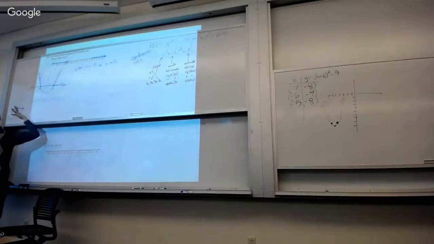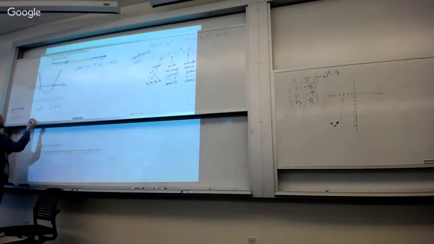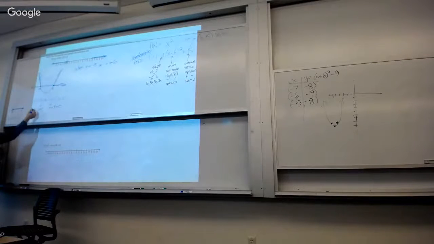One of them has to be 0. So that means that either x minus 6 is equal to 0 or x plus 5 is equal to 0. And so literally you ask, why are the signs opposite? Because now to solve for the x value that will make this thing 0, I add the 6 to the other side, which changes the sign and it becomes 6. So that's why the x minus 6 actually is positive 6.